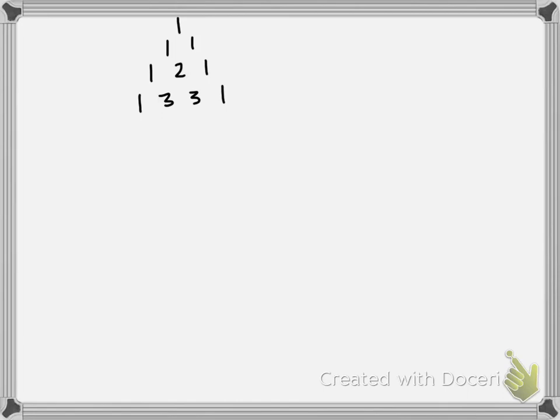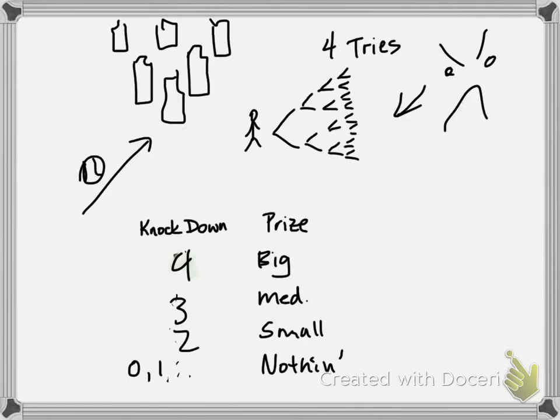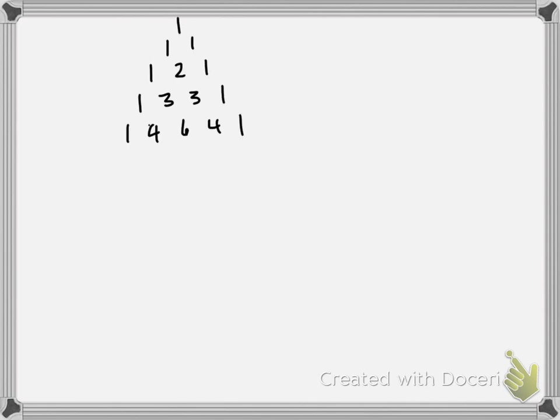Our fourth try, we get a 1, 4, 6, 4, 1. And 1, 2, 3, 4. That's all the tries we had, right? We had 4 tries. Yes, 4 tries. Okay. So this is our 0. We knocked 0 of them down. This is we knocked 1 down, we knocked 2 down, we knocked 3 down, we knocked 4 down, right?